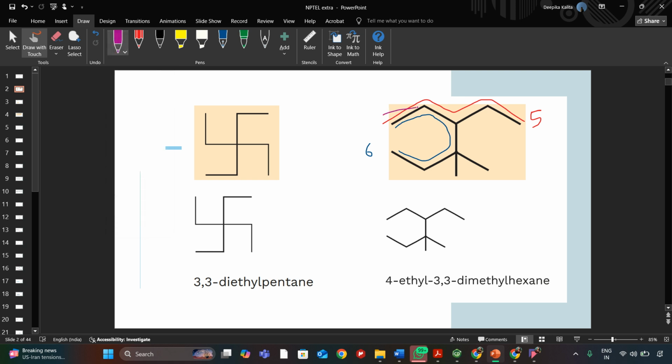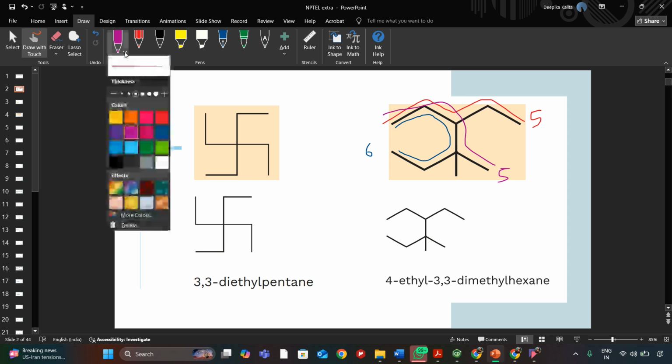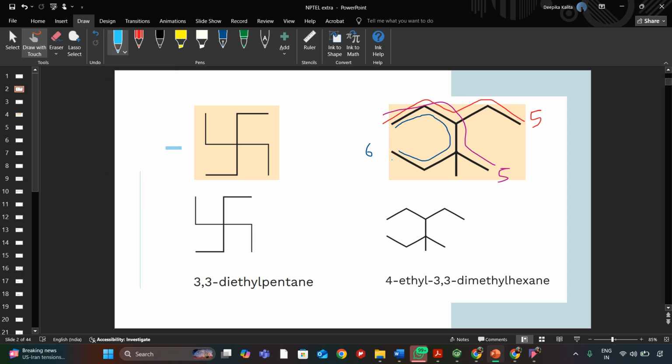And if we choose this possibility, we will have again 5 carbon atoms. And one more thing you can check, that there is one more possibility which is actually this one, but this will be identical to the earlier 6 carbon chain. Hence we will choose the 6 carbon chain as the parent chain for the molecule.